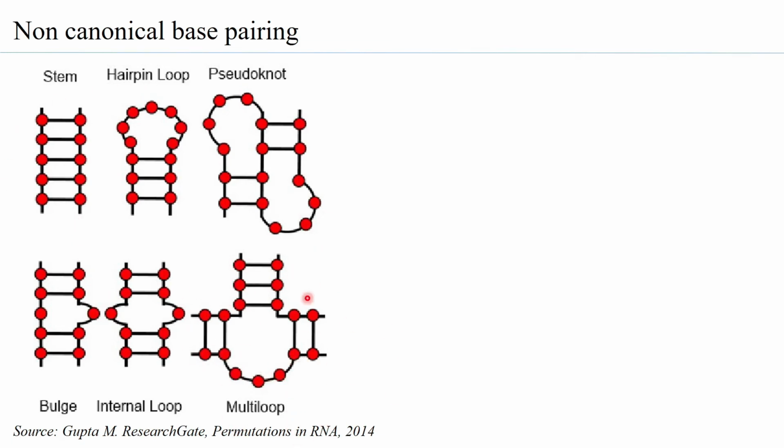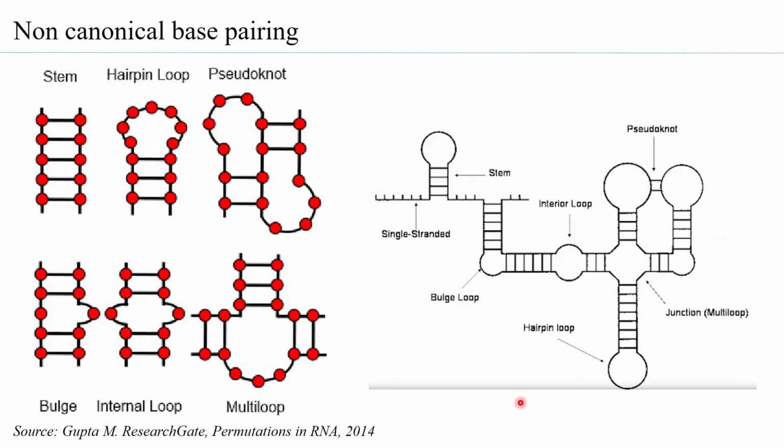Now let us look at how all of these things can be present in one RNA. When one polynucleotide RNA folds to form the secondary structure, you can find that it forms the stem structure, the bulge, the interior loop, the hairpin loop, a pseudoknot, and a multi-loop structure.